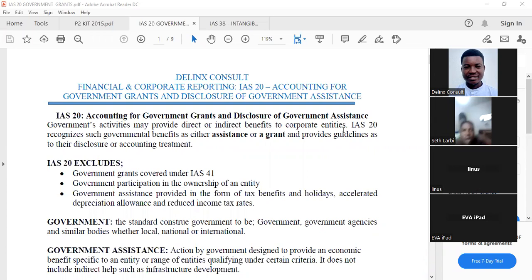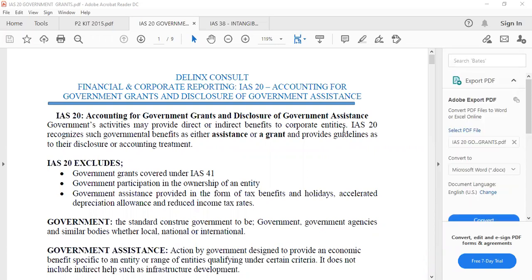For grants, I know there is a certain condition that has to be met before the grant is given. But with a donation, there is nothing to be done. It is given because they are giving. With a grant, the government can ask a company to employ, say, 50 people.